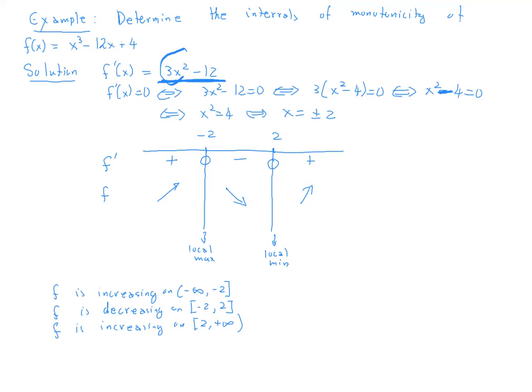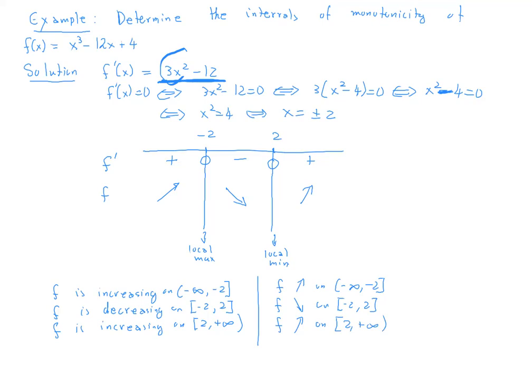I could have written this in a more concise way as f is increasing on -infinity to -2, f is decreasing on -2 to 2, and f is increasing on 2 to infinity.